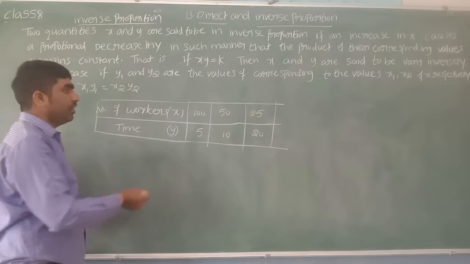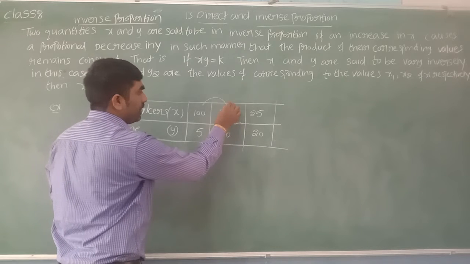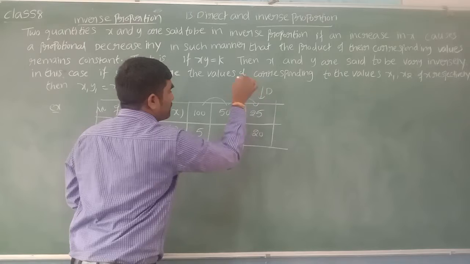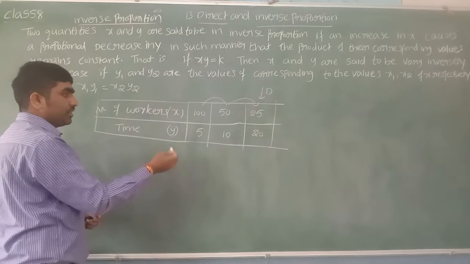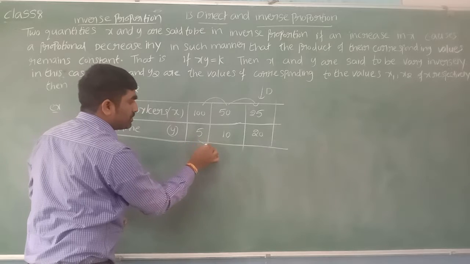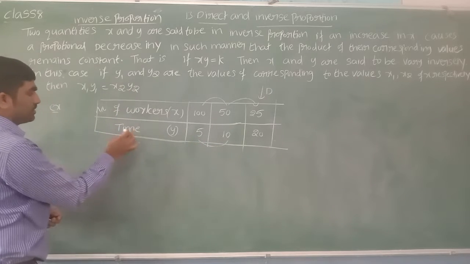Here we can see that the number of workers is decreasing, 100 to 50, 50 to 25. We can observe that when the number of workers is decreasing, the number of days is increasing.